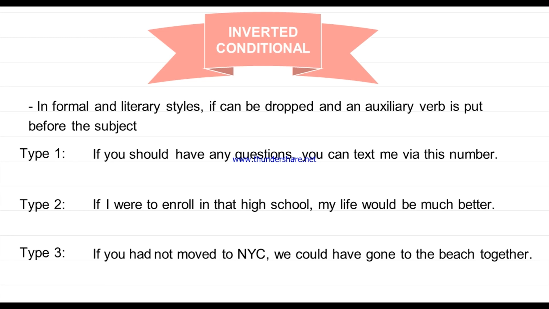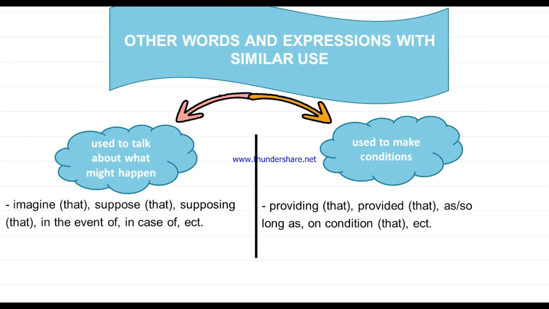And in order to create the inverted conditional, we simply remove the if and put the auxiliary verb at the front, like that. The transition and the placement is a bit off, but don't mind that too much.